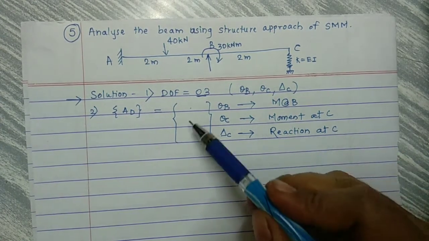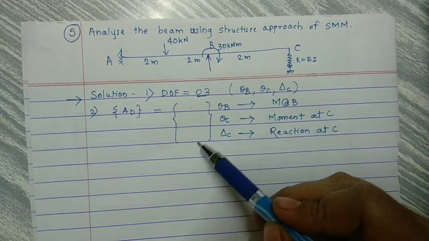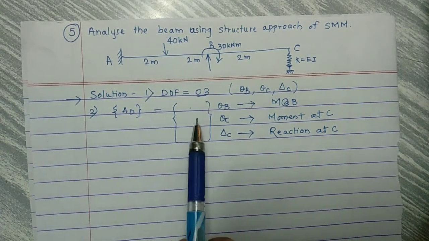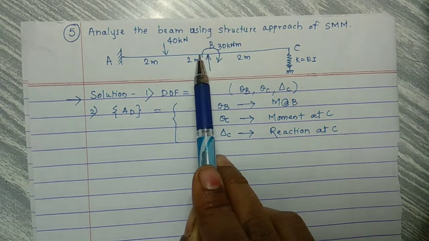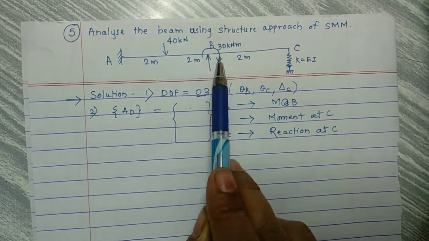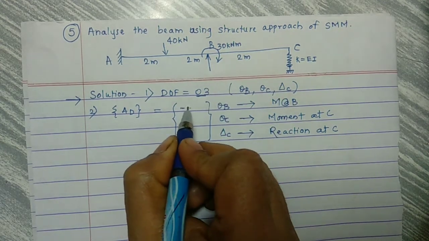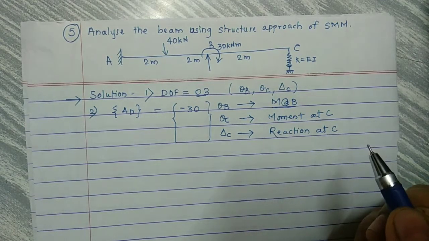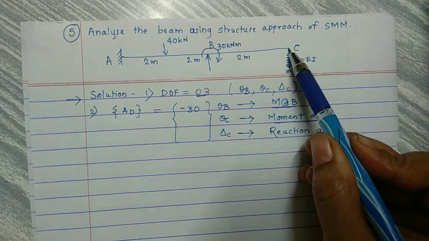Okay. So these 3 elements we have to write in this AD matrix from the original structure. See, in the original structure, what is the moment at B? This moment is given as 30 kilonewton meter in clockwise direction. So the first element is minus 30, that is the moment at B. Second, the moment at C from the original structure.